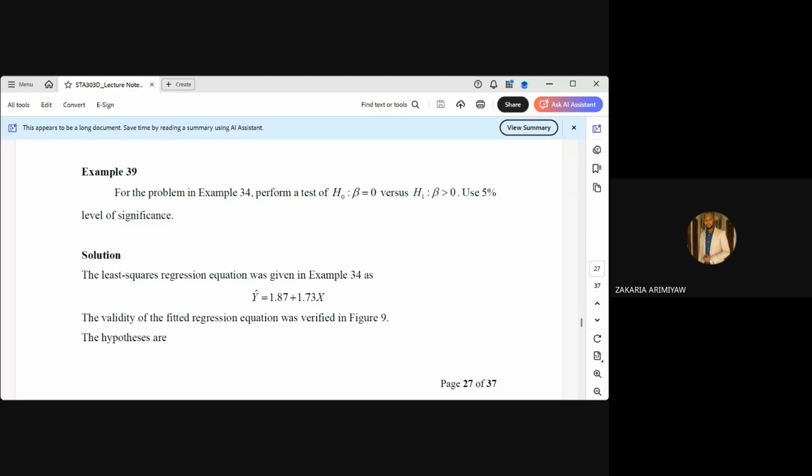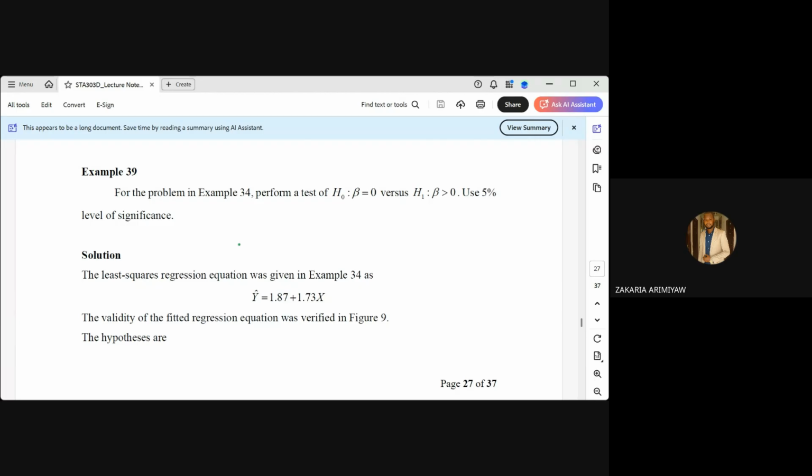So let's look at the solution to this particular problem. We are making reference to example 34, where we looked at the relationship between plant height and day. Remember, the regression model was fitted to the data.